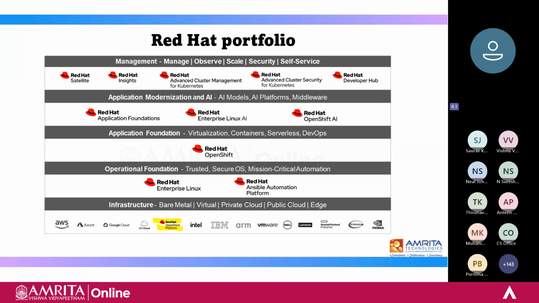If you want to build your own private cloud, OpenStack is one of the best platforms. Mostly all the telecom industries across the world, not in India, are using the OpenStack platform.